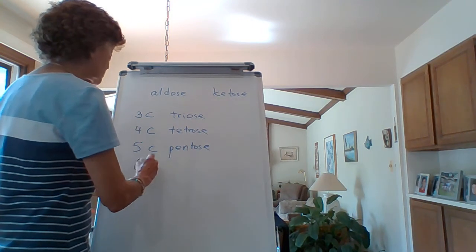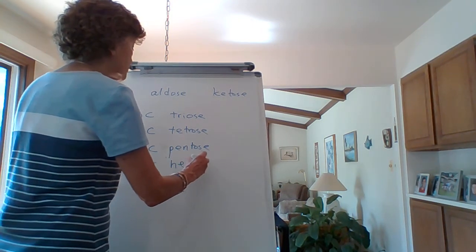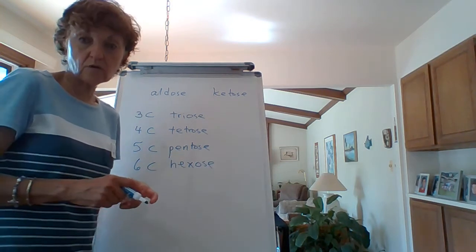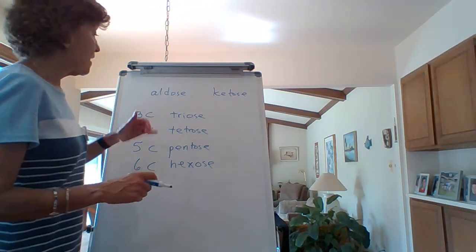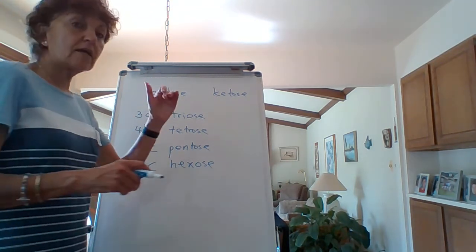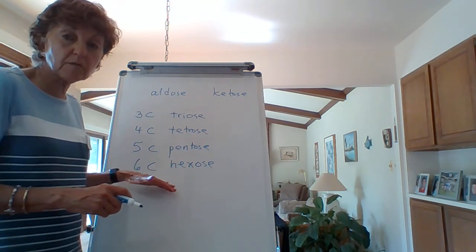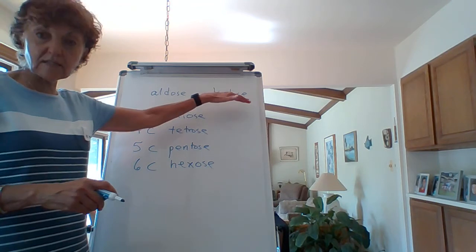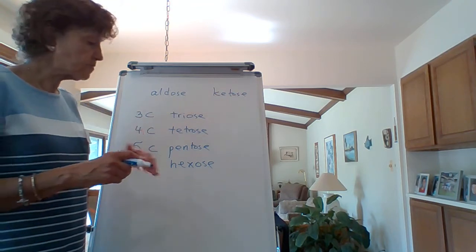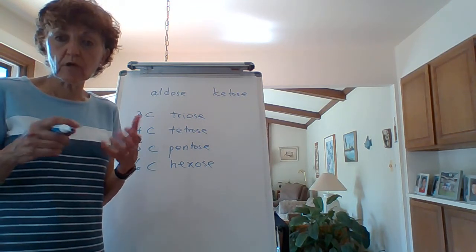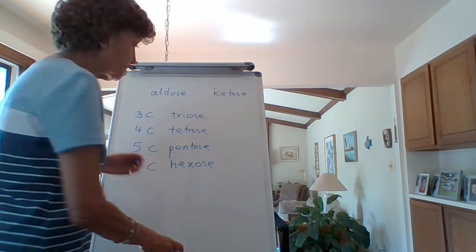And if it's 6 carbons, it's called a hexose. All right? If you're dealing with a ketohexose, that means it's a 6 carbon monosaccharide that has a ketone group in it. That's just the general terminology that we use.